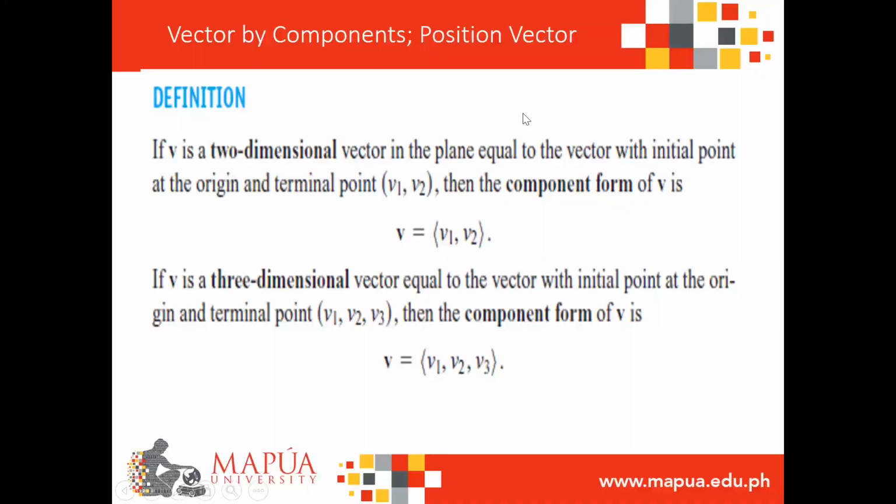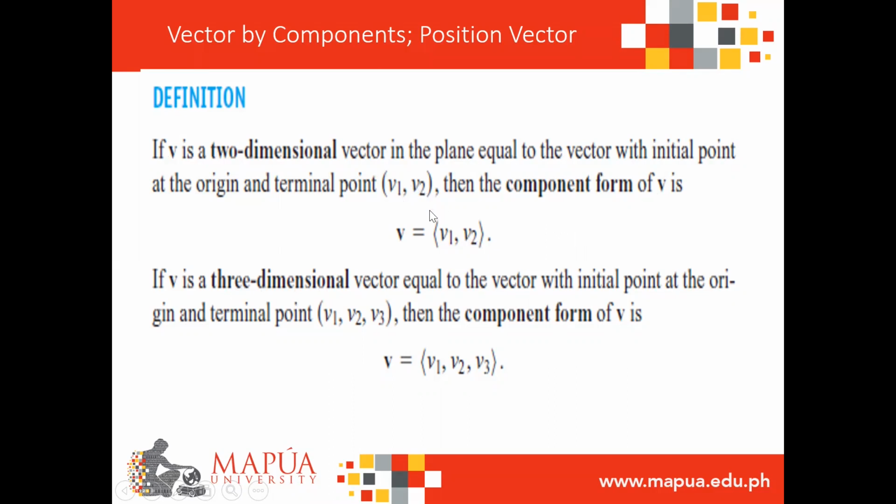In this slide, we have here vector by components, in two-dimensional vector as well as in three-dimensional vector. For the first one, if V is a two-dimensional vector in the plane equal to the vector with the initial point at the origin and terminal point (V1, V2), then the component form of V is V equals ⟨V1, V2⟩.